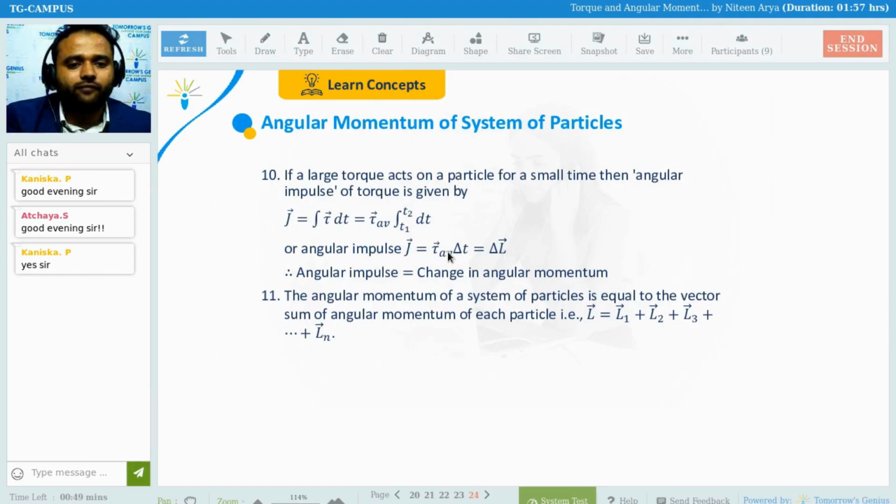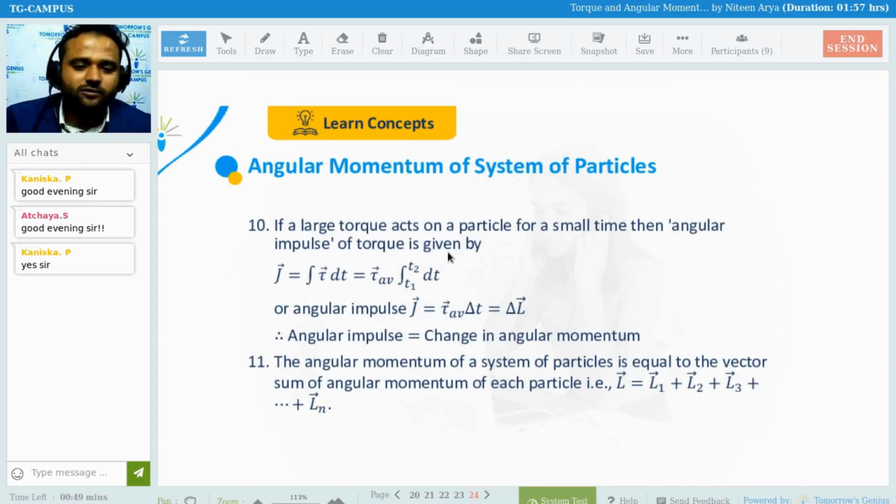If a large torque acts on a particle for a small time, then the angular impulse is given by J equals the integral of tau dt, from t1 to t2, that is, average torque times delta t. Just as we have impulse: what is impulse?